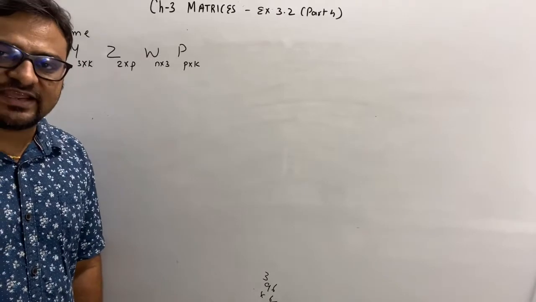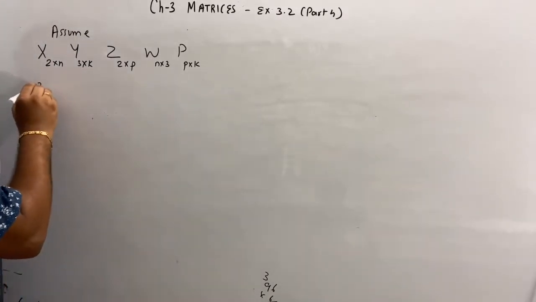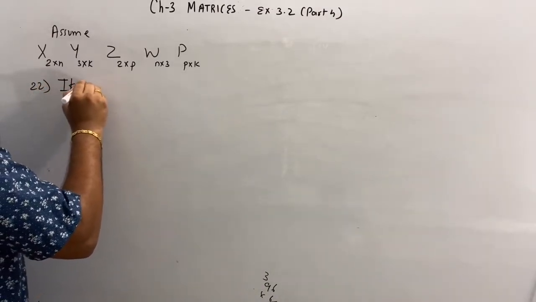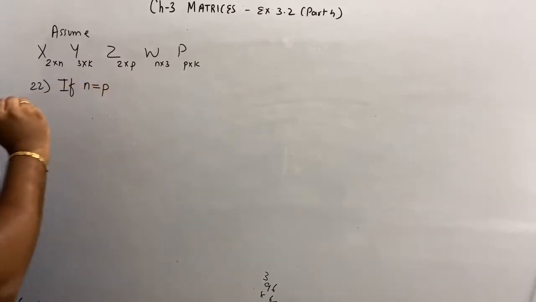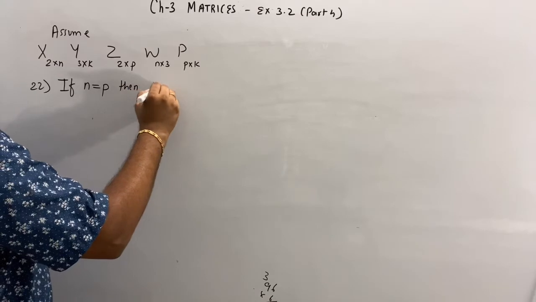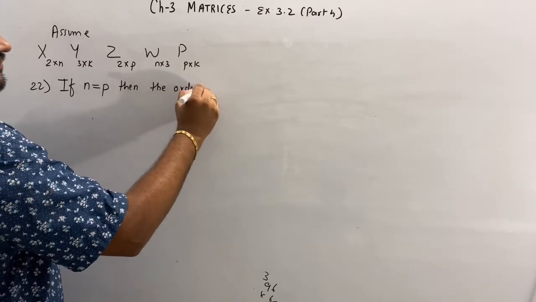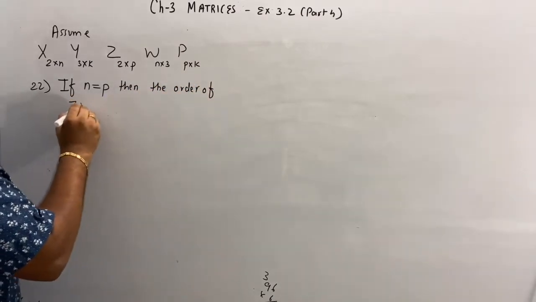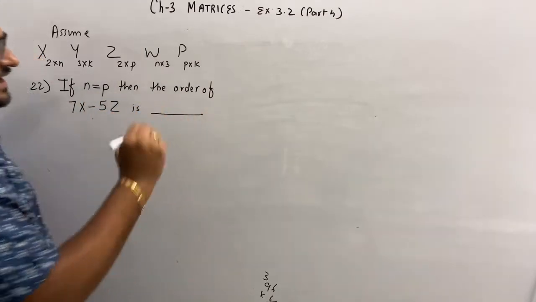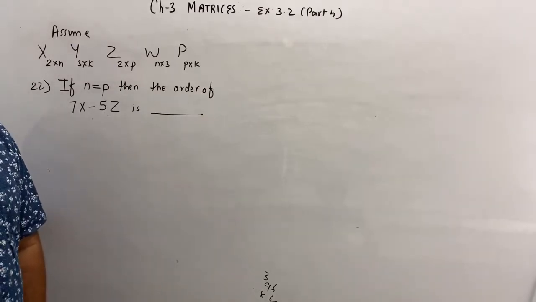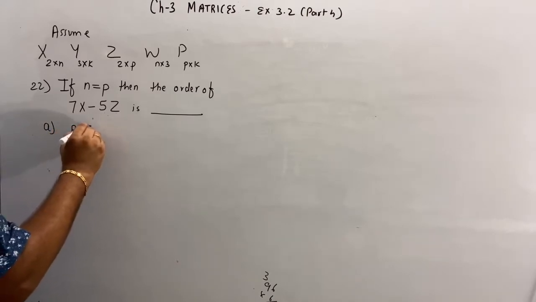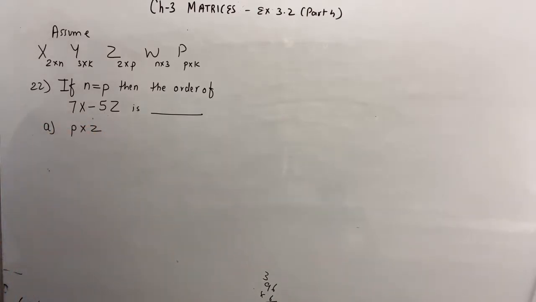for question 22 also. Now see, question 22 is saying that if n is equal to p, then the order of 7X minus 5Z is dash. Okay, so the options are: P cross Z, this is the first option.